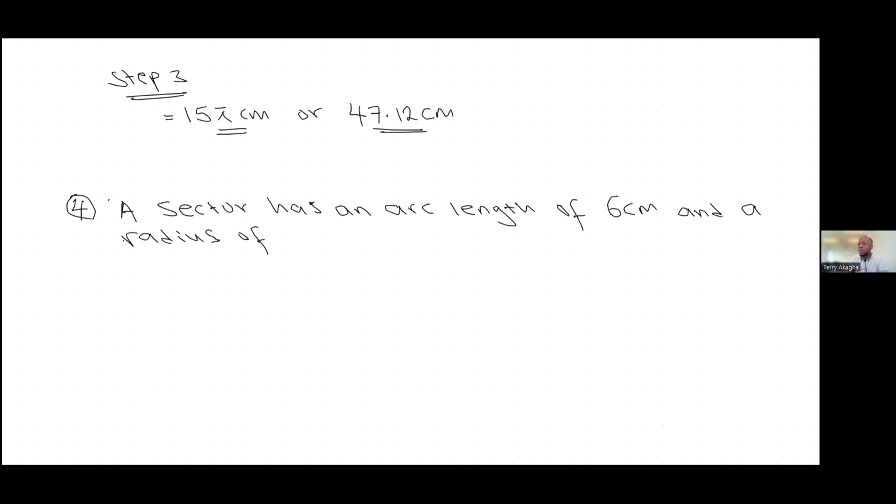All right. Now, let's say we are now to calculate the angle of the sector.